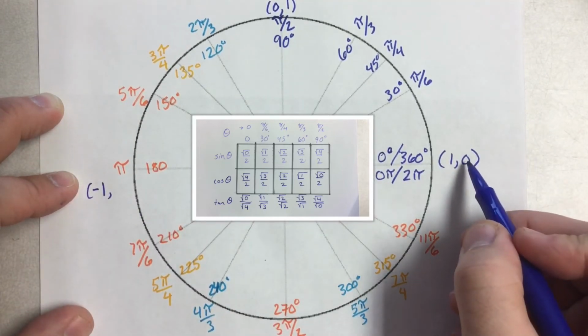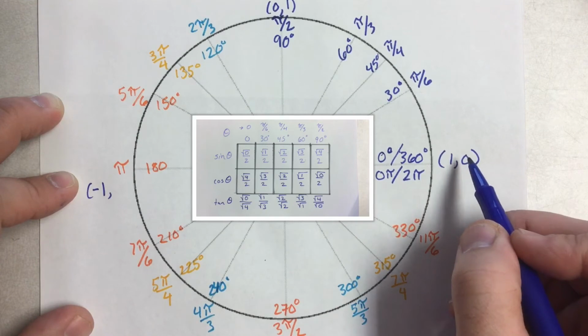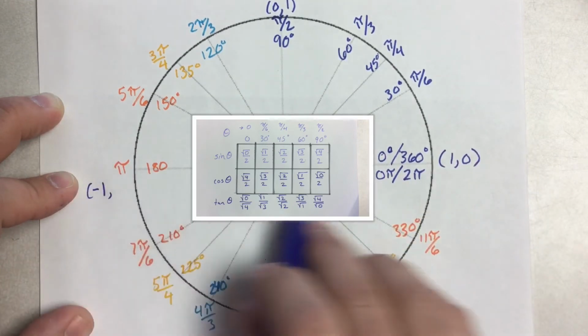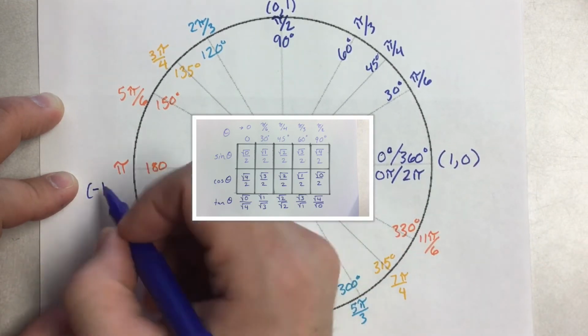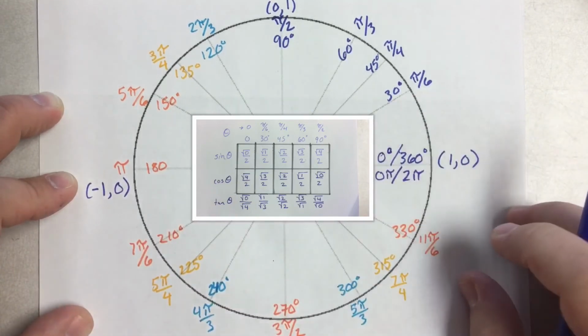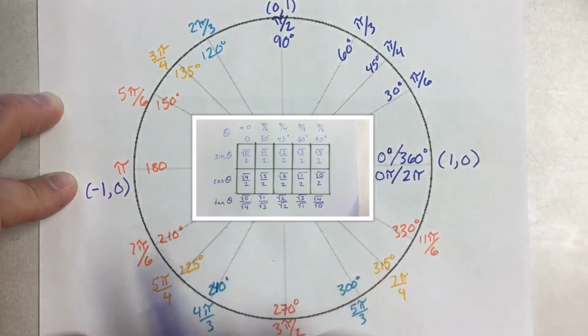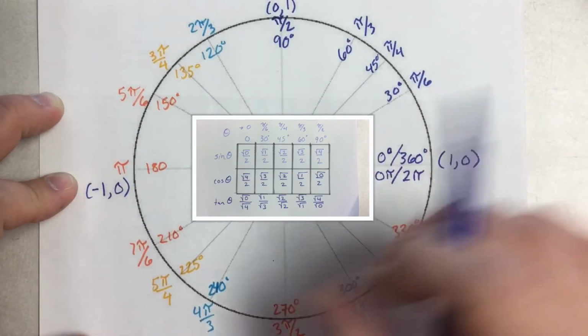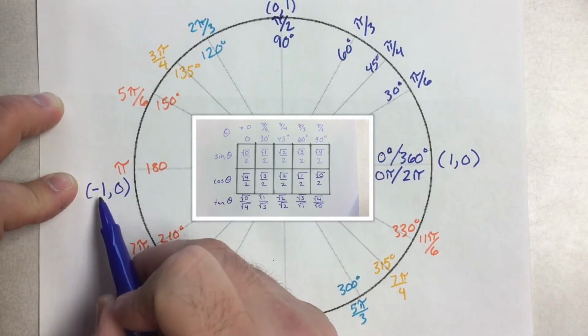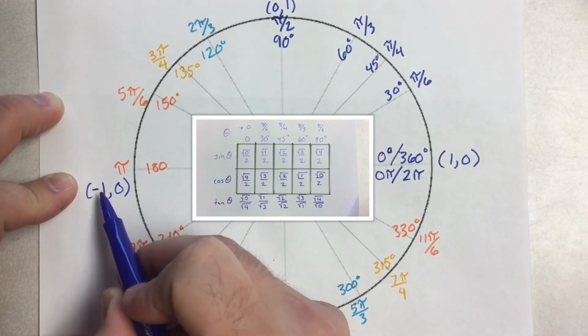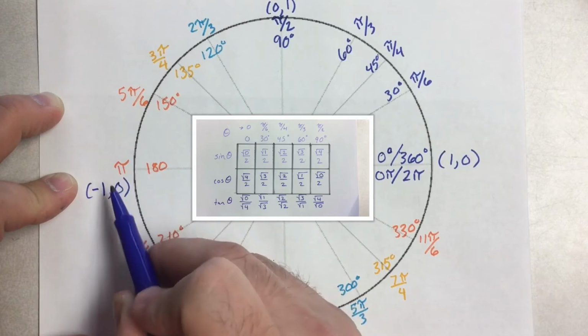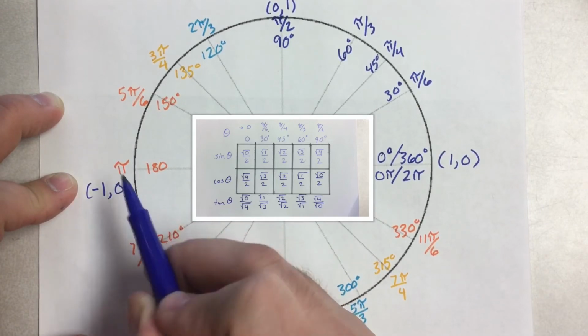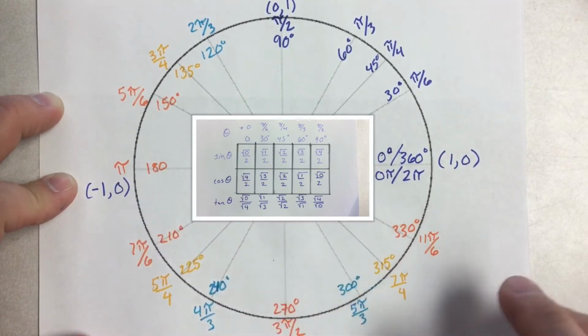And where sine of 0 is 0, same here. Sine of pi is also 0. So when I'm writing these coordinates down, remember, what we thought of as x is our cosine value at that angle measure, and the y values we're seeing as our sine values at that angle measure.